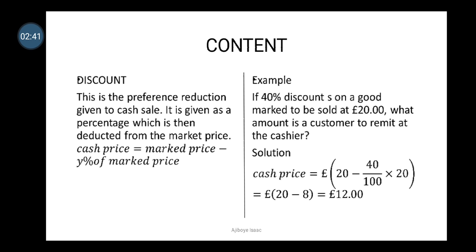So 40% of $20 is 40 over 100 times 20, and that will give us 8. So cash price will therefore be 20 minus 40% of $20, which is 20 minus 8, and that will give us $12. So when you pick the item and you want to tender cash at the cashier, you are going to tender $12.